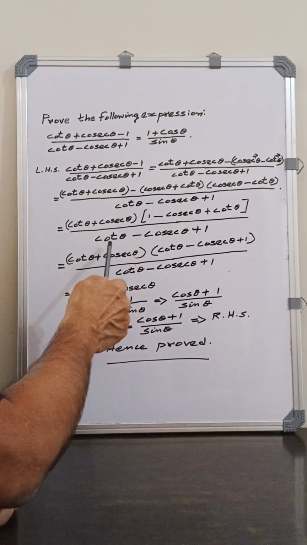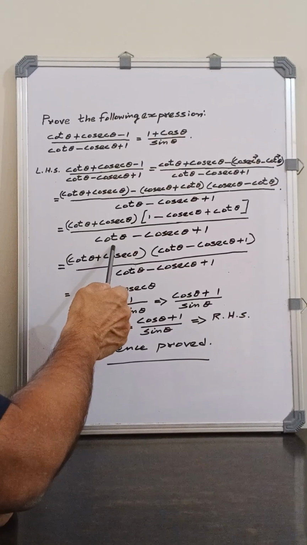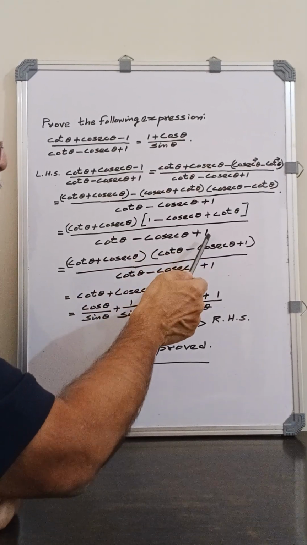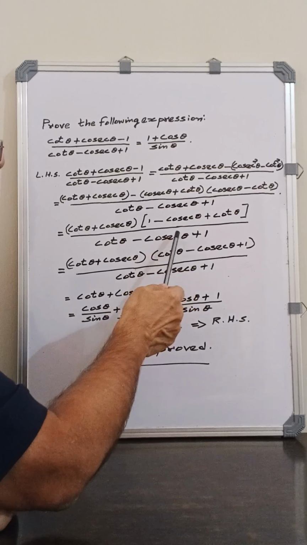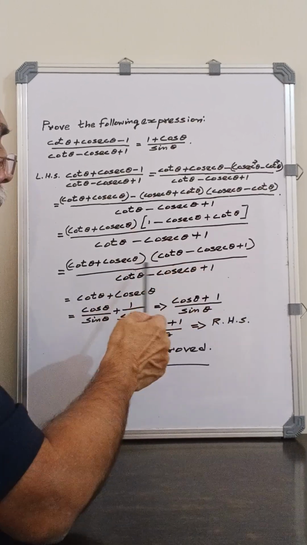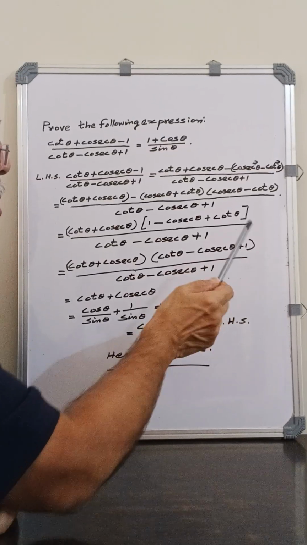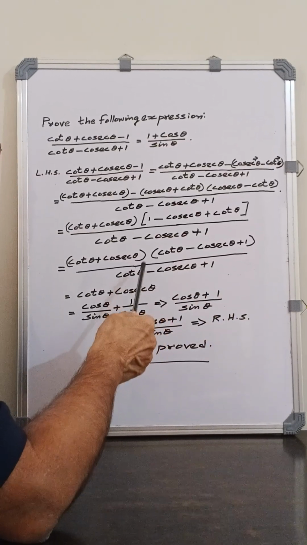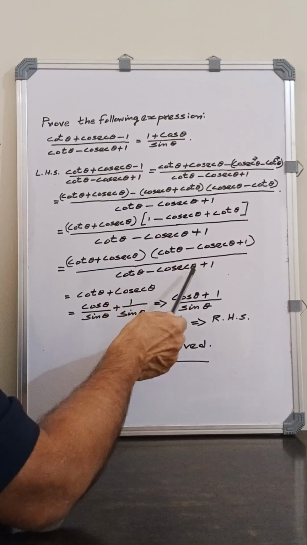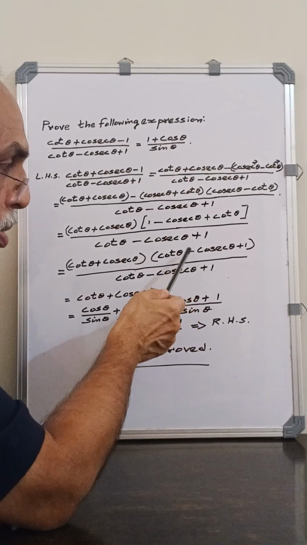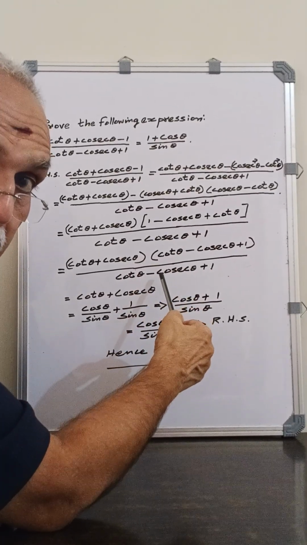Because the denominator is like that: cot theta first, minus cosec theta second, plus 1 last. In such a way I arranged this term here: cot theta minus cosec theta plus 1. Therefore, cot theta minus cosec theta plus 1 in the denominator, and this term are the same.